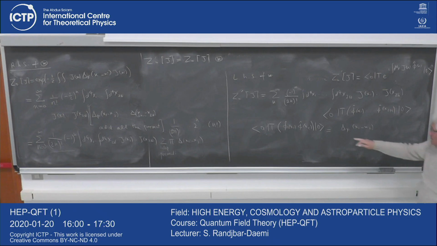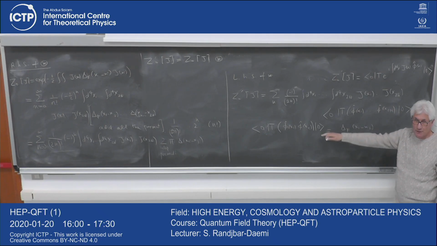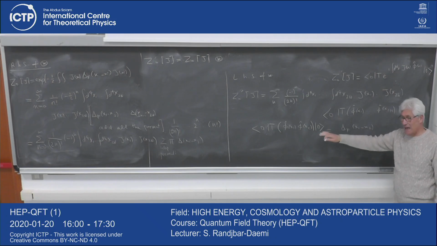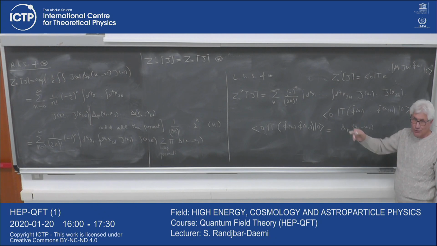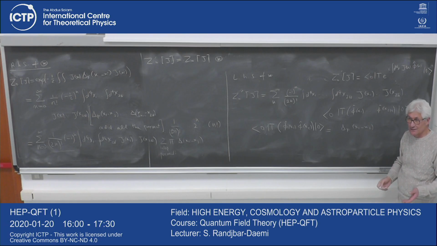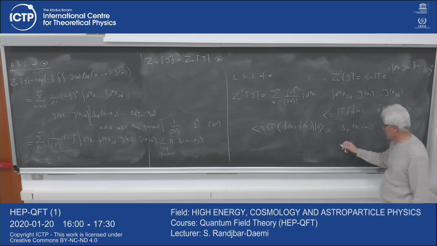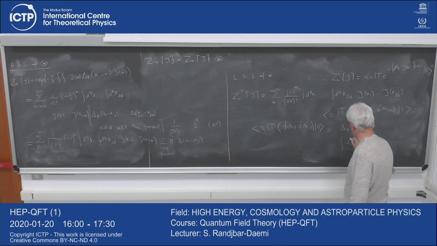If you haven't, write them in terms of creation annihilation operators, calculate the left-hand side, and show that the result is the 4-dimensional integral that we wrote down, with the factor of i in it, with the i epsilon denominator, etc. So this is precisely what we wrote as a Fourier transform, with all the factors in the right place.